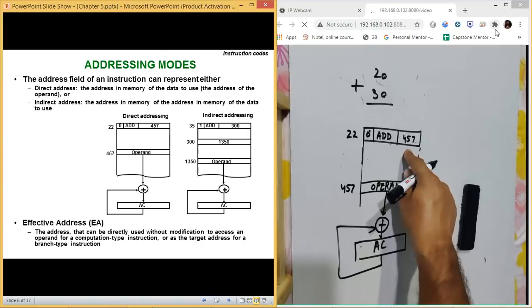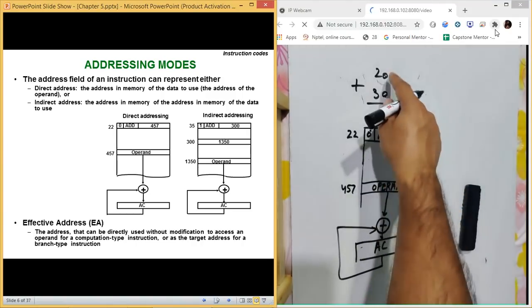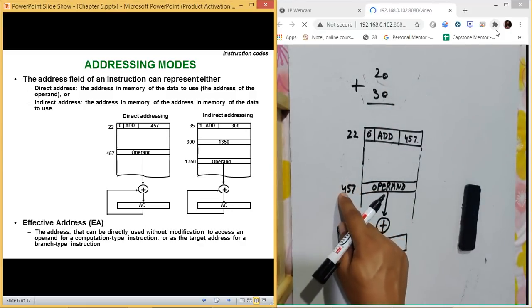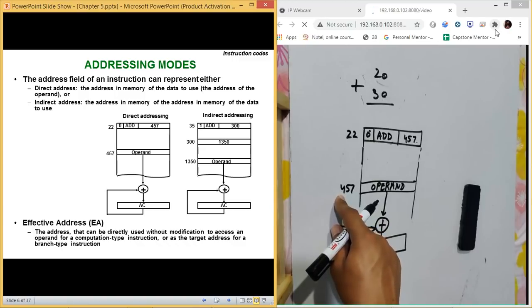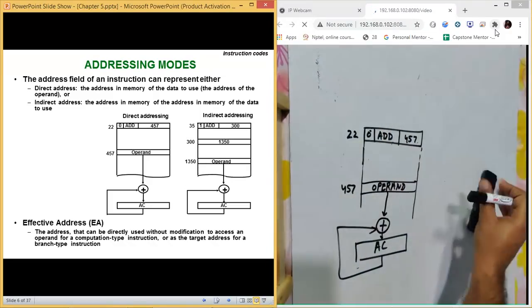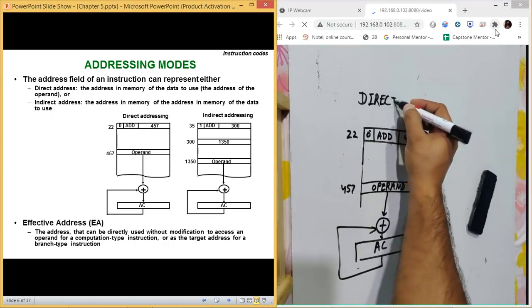So in this case, this add 457 is telling that these two values which I want to add are stored at the 457 location. So this is a direct address. This is direct addressing.